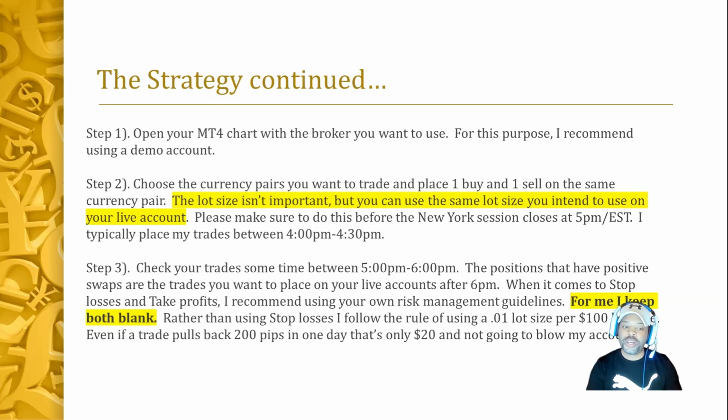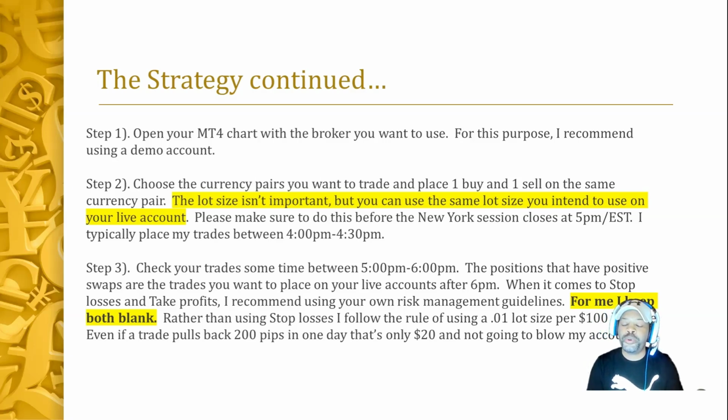When it comes to stop losses and take profits, I recommend using your own risk management guidelines. For me, I keep both blank. Rather than using stop losses, I follow the rule of using a 0.01 lot size per $100 balance. Even if a trade pulls back 200 pips in one day, which is very rare, that's only $20 and not going to blow my account.